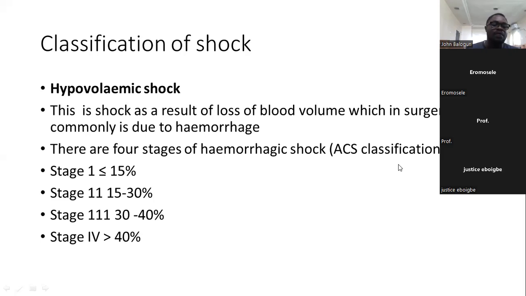Also, intestinal contents are hyperosmotic. When they get into the peritoneal cavity, because they're hyperosmotic, they also pull fluid via osmosis into the peritoneal cavity. Also, the intestinal content, particularly the juice, is irritative to the peritoneum.